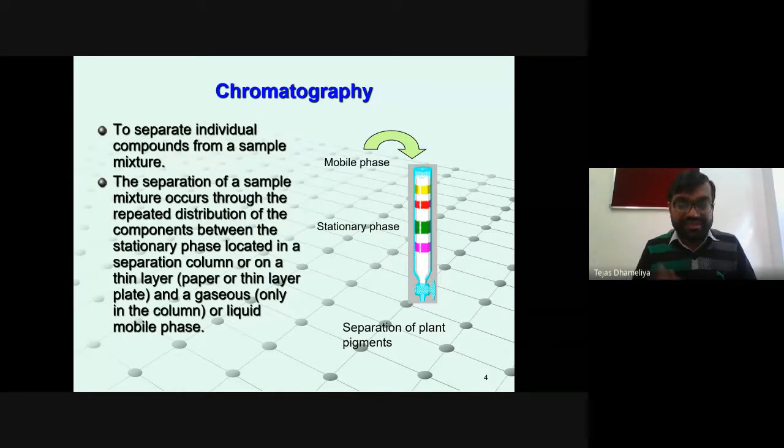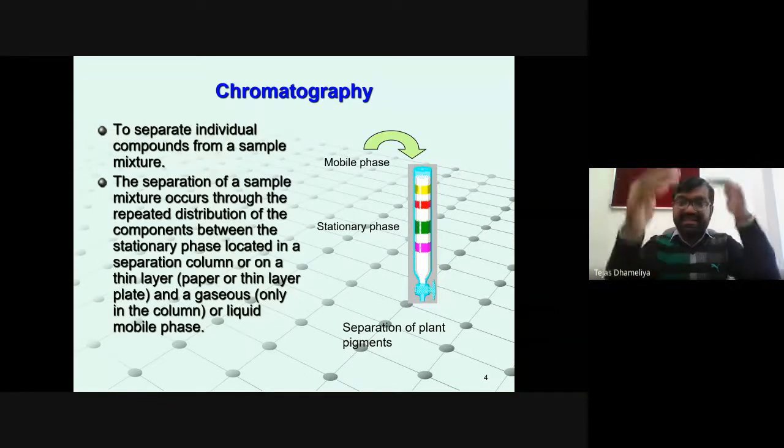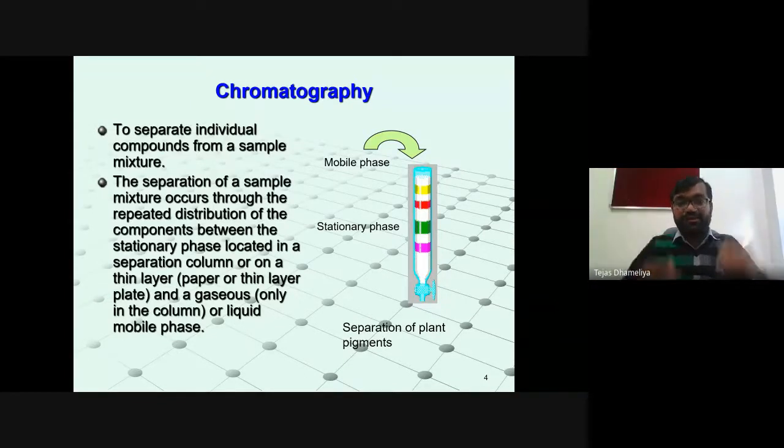In this diagram on this slide, there is a small column. Although the colors range maybe pink, green, red, yellow, we can achieve the separation if we have mobile phase, stationary phase, and the interactions in them.